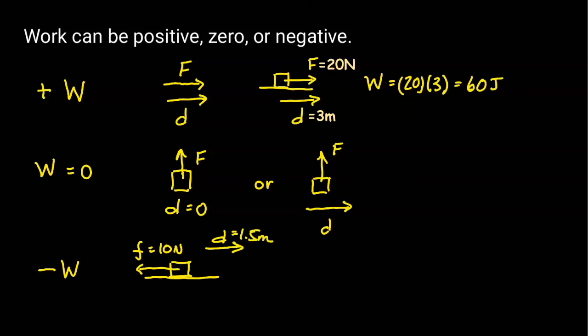And let's say right is positive. In this case, our work is negative 10, the force, times the displacement, 1.5, and we get negative 15 joules. So work can be positive, 0, or negative. We'll see the significance of this in just a little bit.